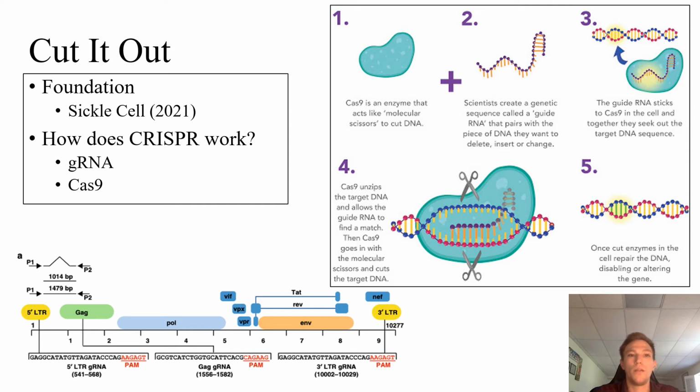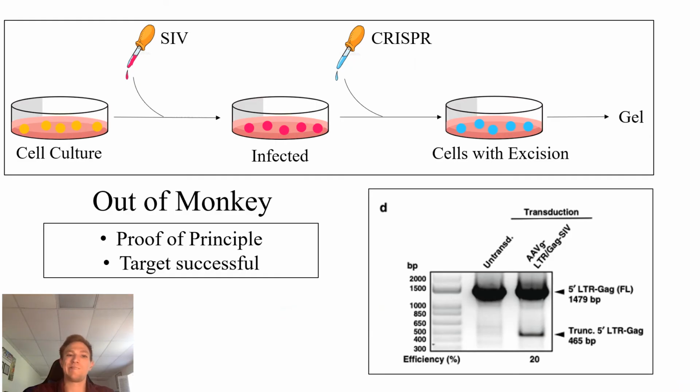So after identifying their targeted areas, how exactly do they go about testing this? They began in vitro, or out of monkey, with cell cultures. In this top graphic here, they acquired cell cultures as a proof of principle technique and method to assure that CRISPR is actually targeting and excising the regions they want, and works not just in theory.